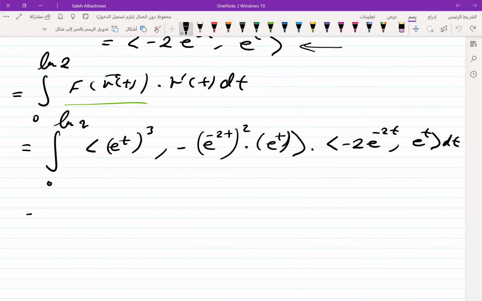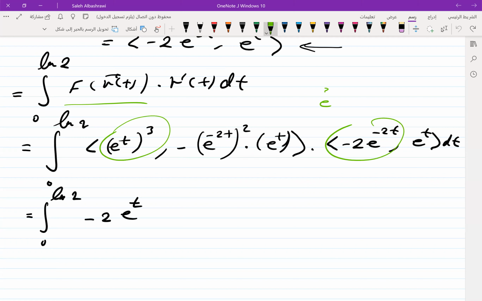I will have the integral from 0 to ln of 2. E to power 3t times minus 2 e to power minus 2t. So we add the powers because they have the same base. 3t minus 2t is equal to 1t.